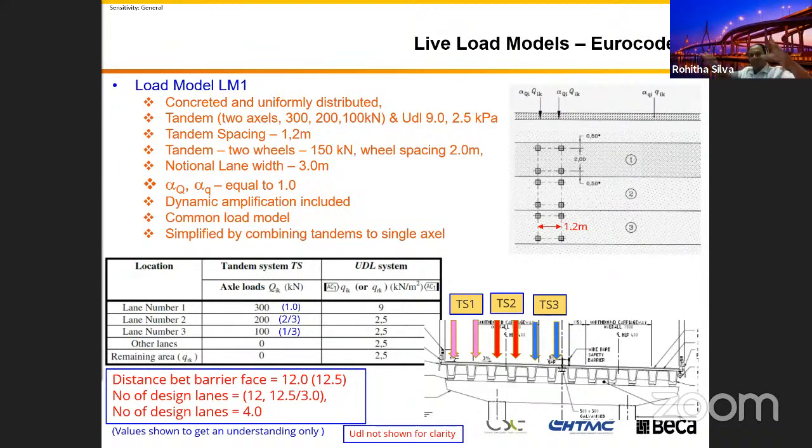So if you want to use this one in a port or an industrial area, you can change these factors. But the code says if you don't have any specific numbers from your road agency or in the national annexes, you can use a number equal to 1. I use the 1 in here.